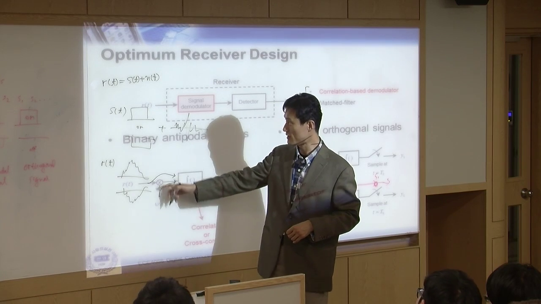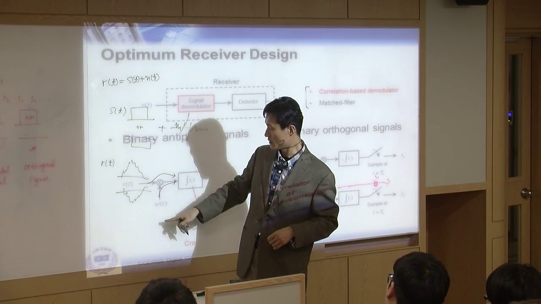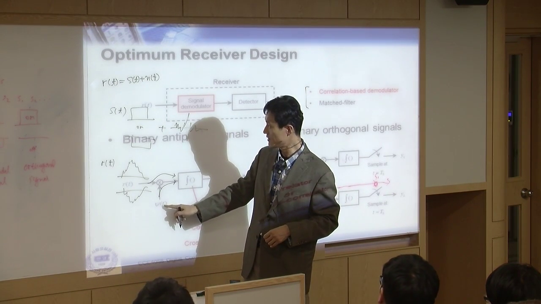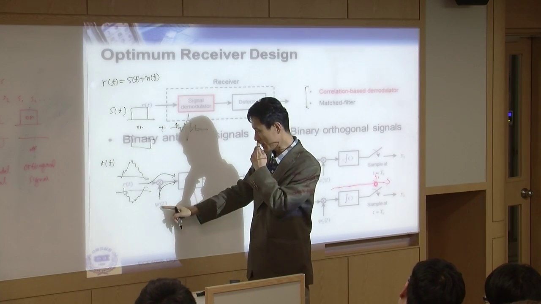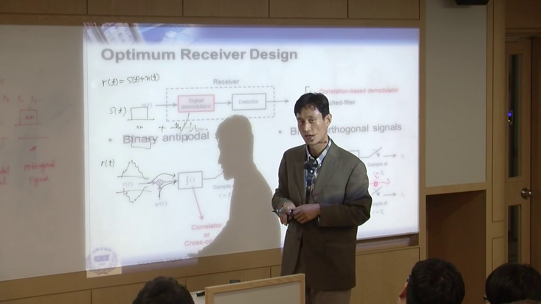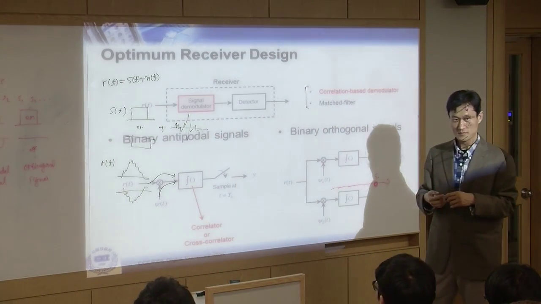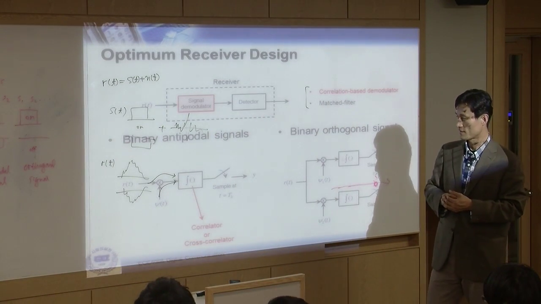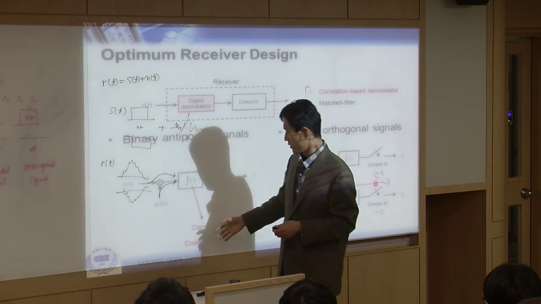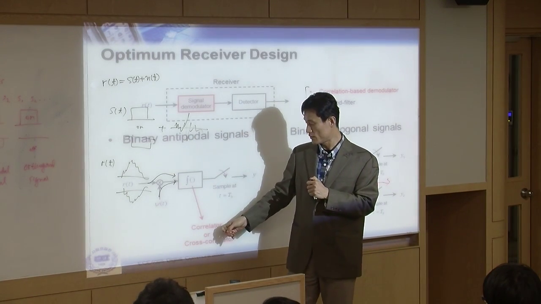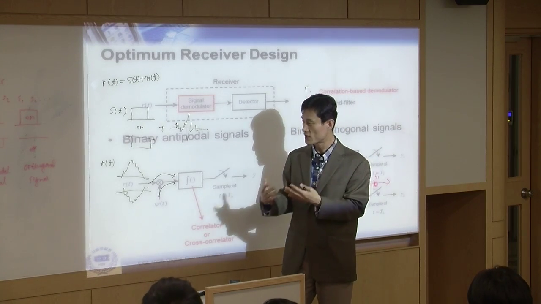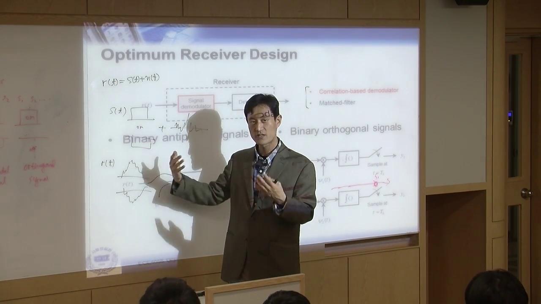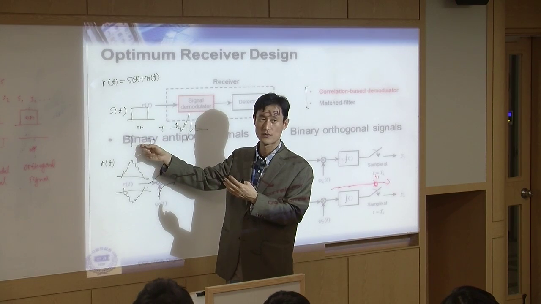Then what is this one? This phi t is going to be either this one or this one. So what does that mean? The reason we use a correlator is to find out how close this RT is to these two.